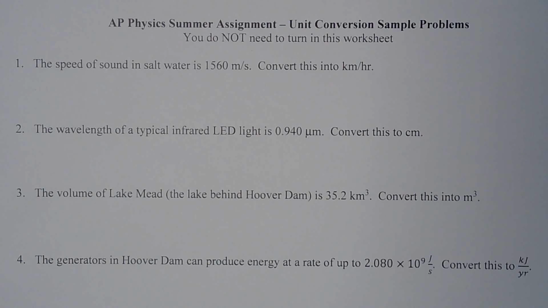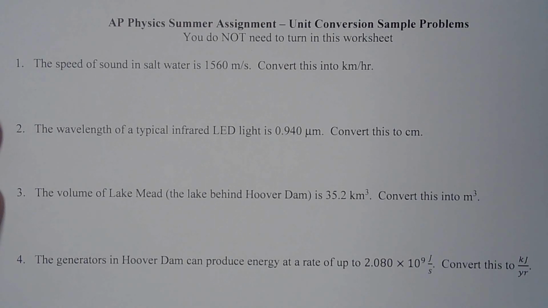The main skill that I'm trying to teach you with these sample problems is something called the factor label method. If you took a chemistry class, which it's almost impossible to get to AP Physics without, you had stoichiometry.